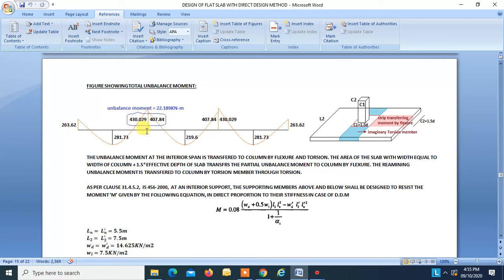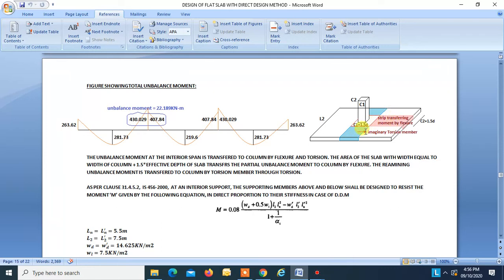So this moment has to be transferred to the column. Now, as we know the width of the equivalent frame is much larger than the width of the column, so this total moment will not be transferred to the column by flexure. Part of this moment will be transferred by flexure and the other by torsion.